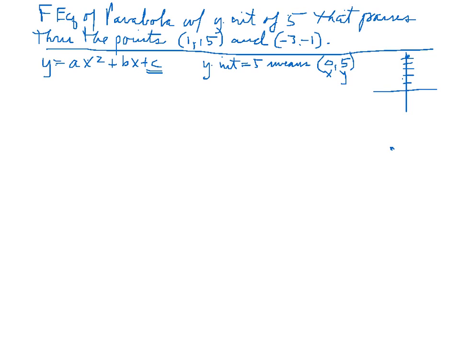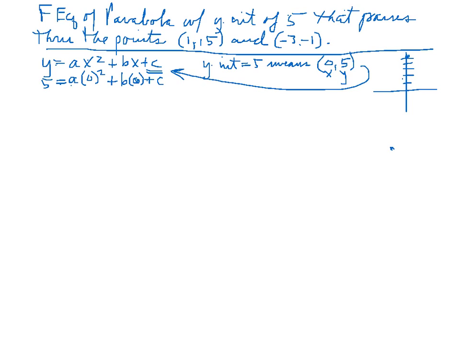So if I take (0, 5) and plug it in, I get 5 equals a times 0 squared plus b times 0 plus c.